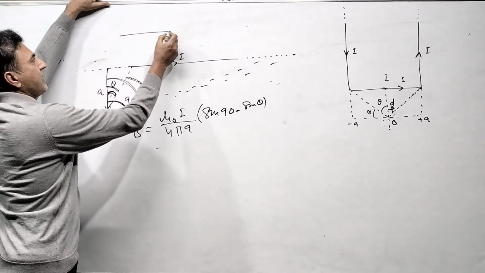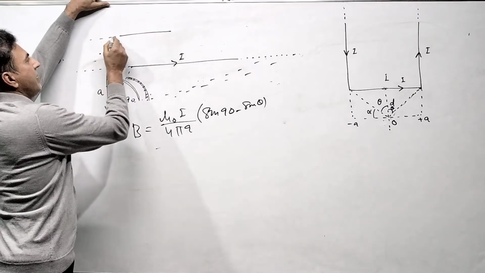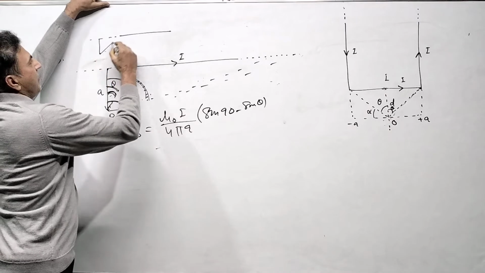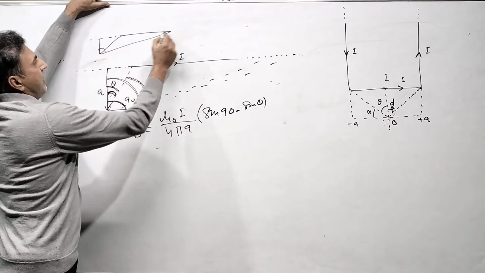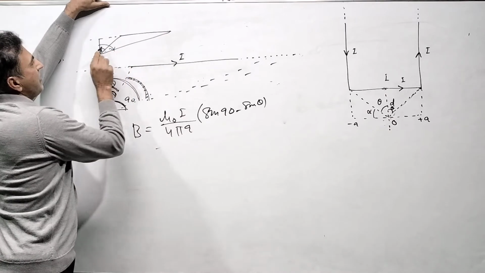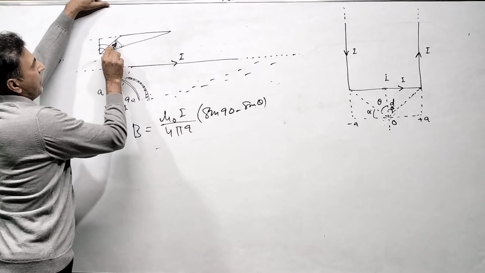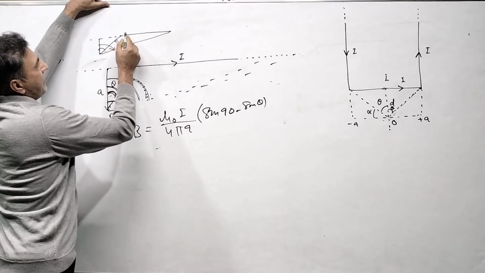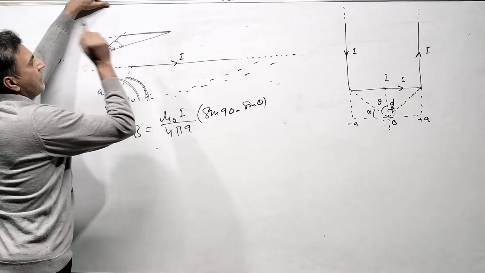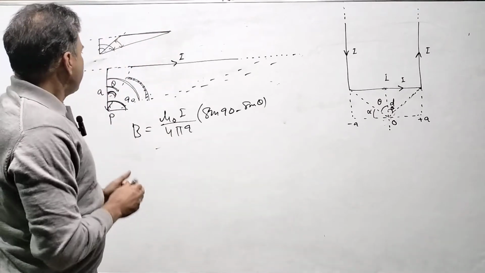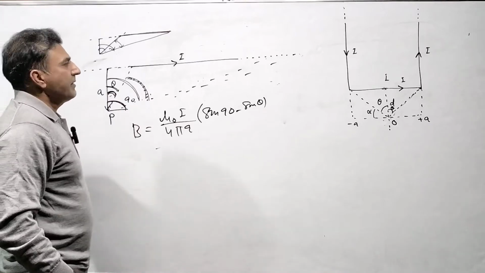Something like this, the conductor. Here's a point. Draw a perpendicular. This angle and this angle. When you say sine of this angle minus sine of this angle, that means you are integrating over this domain. In that domain, there is the conductor. This is the second point. That's all.